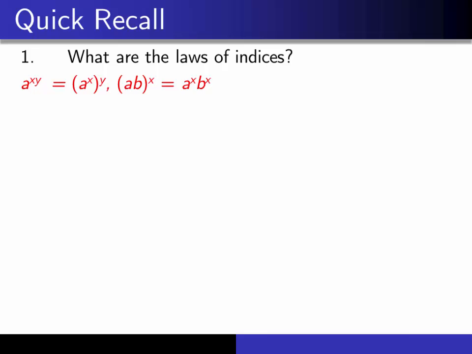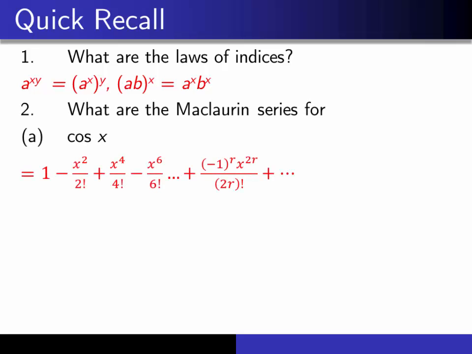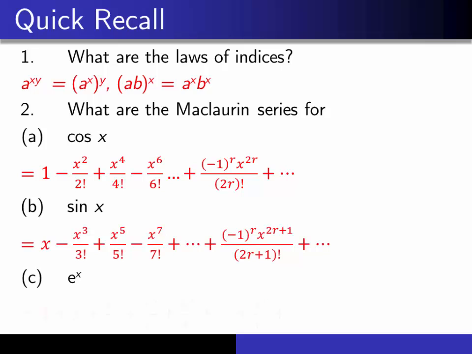Just to recall, later we'll need to use this law of indices: a to the power of xy is a to the power of x, bracket, whole thing to the power of y. Then you also have another one: a times b, whole thing to the power of x. What are the Maclaurin series for cosine, sine, and e to the power of x? These are the Maclaurin series. Later on we'll use some of these series.